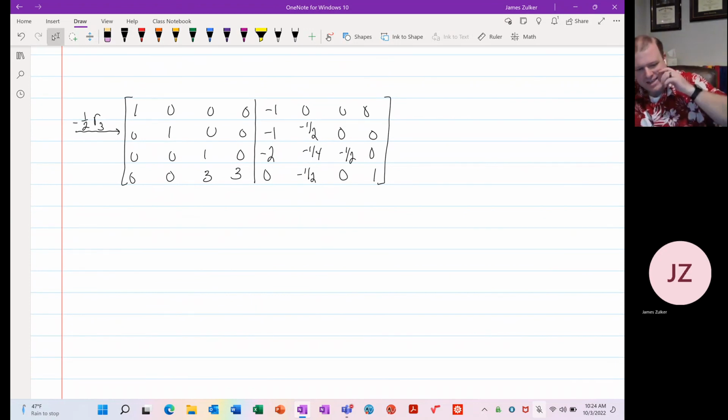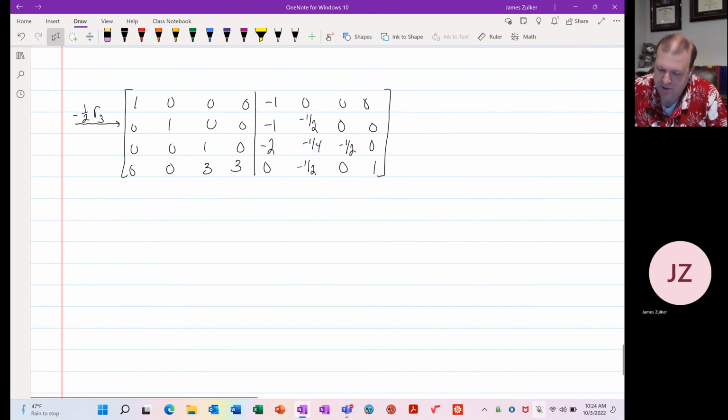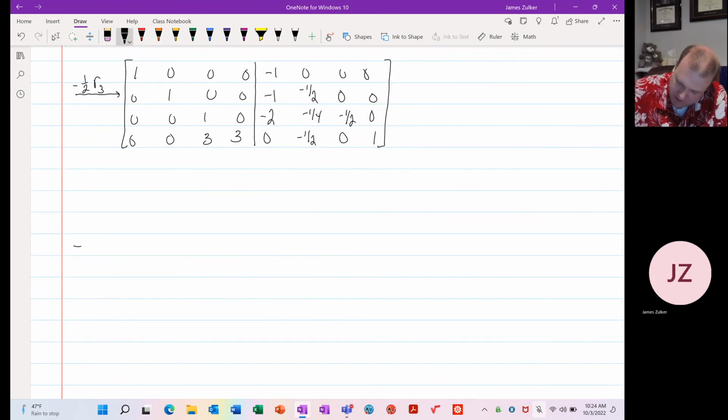Two more operations are going to get us to our result, right? First operation we need to do, -3 row 3 plus row 4. That will give this.